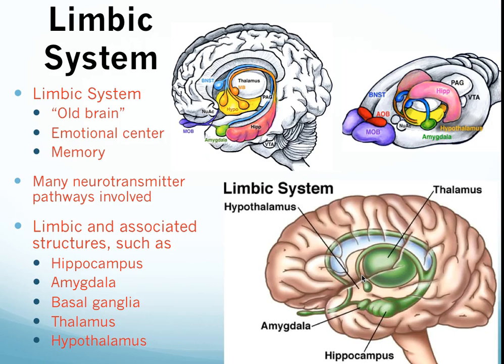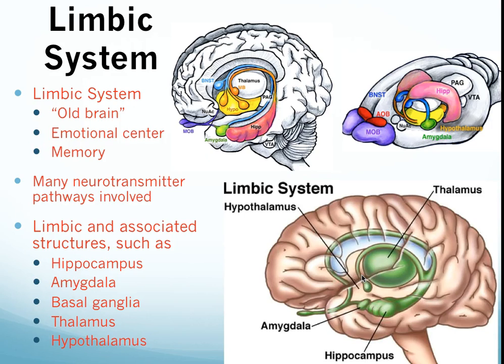And we'll talk about this a little bit more as we go on, so I don't want to get too much into that yet. But just know that this limbic system is important. All of the neurotransmitter pathways that we're going to be looking at send projections in some way or another to regions of the limbic system. The dopaminergic system that we looked at before actually does send projections to the limbic system.